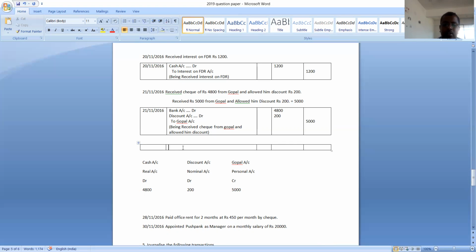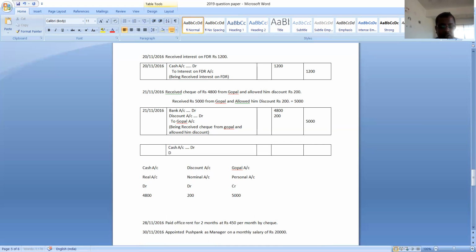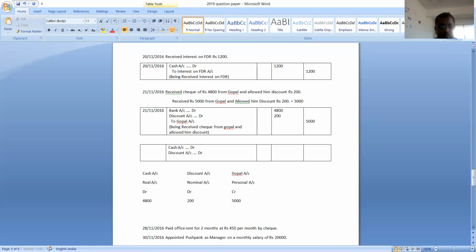So we'll pass the journal entry. Cash account is debited because cash comes in, so cash account debit. Then a discount is a loss, so discount account debit. Then to whom? Who is the giver? Gopal is the giver, so Gopal's account is credited. Understood?